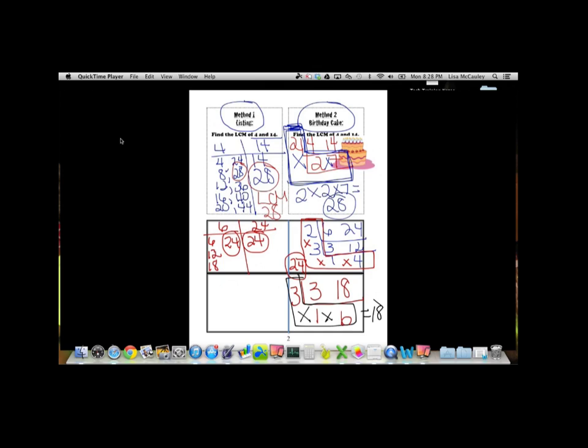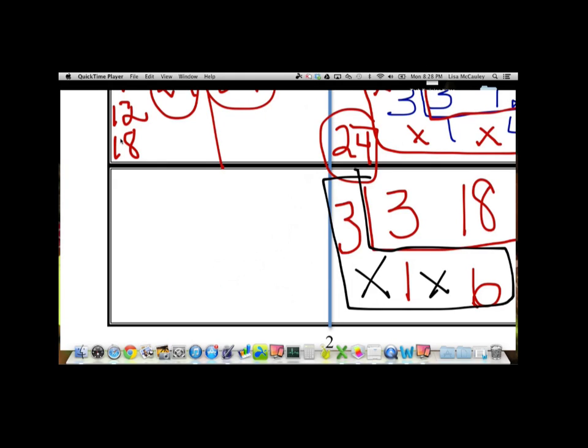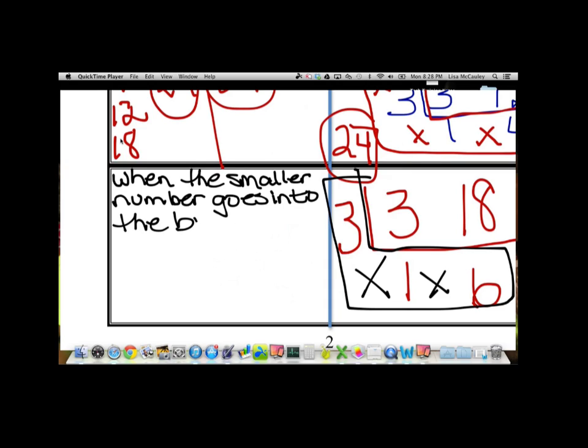So let's write a little note to ourselves. I'm going to stretch this out a little bit just so I have room to write. Okay. When the smaller number goes into the bigger number, the bigger number is the LCM.